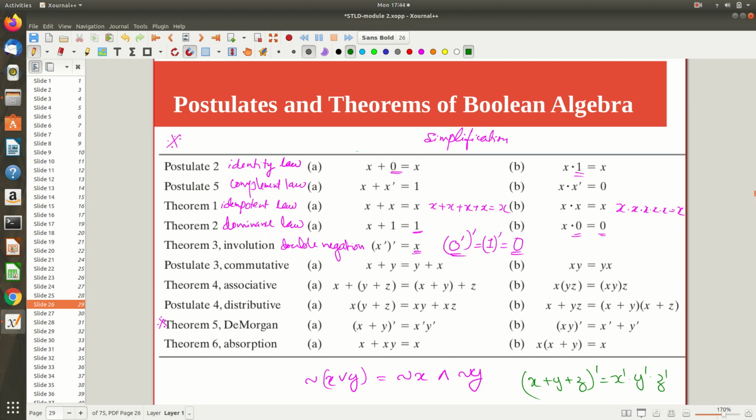Sometimes they will specifically ask you to prove it without using a truth table. Otherwise also it is not recommended to use a truth table, because that is a very straightforward approach. So focus clearly on the technique I am going to discuss. It's actually very easy: any complicated expression you will simplify without using a truth table.